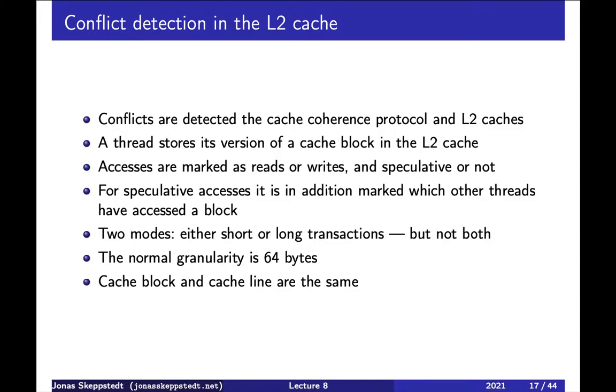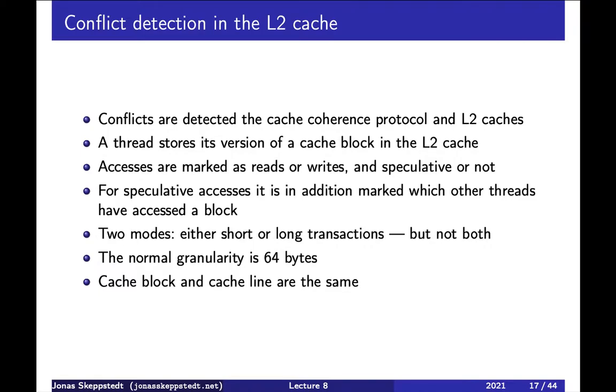There are some extensions required, but the second level cache and the cache coherence protocol are ideal for detecting conflicts between caches, and it can be done as I will explain now.